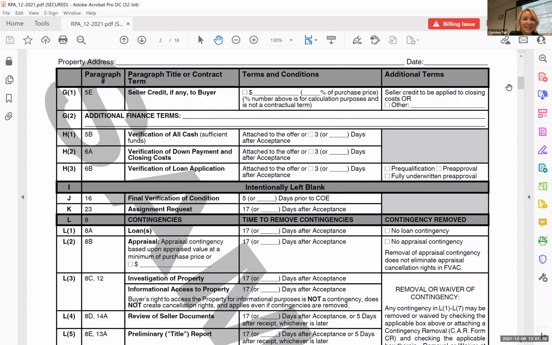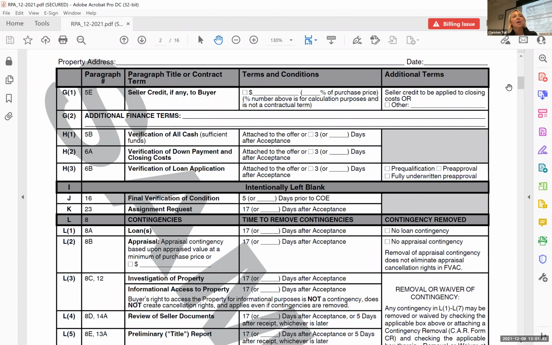Let's see. So, section H1, verification of all cash. I love this. There used to be a box and people would forget to check it, where you as the agent indicated my buyer's proof of funds is attached. Or even better, my favorite is when they meant to not check it and there is no proof of funds.